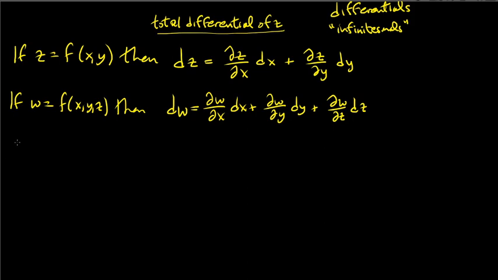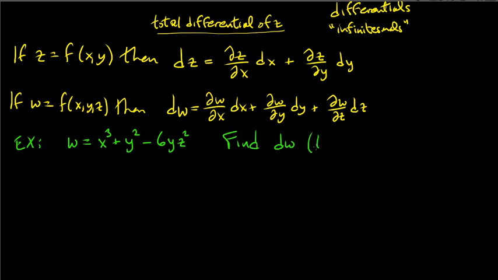So just a quick example. Suppose we have w is, I don't know, how about x cubed plus y squared minus 6yz squared, and we want to find dw, the total differential of w.